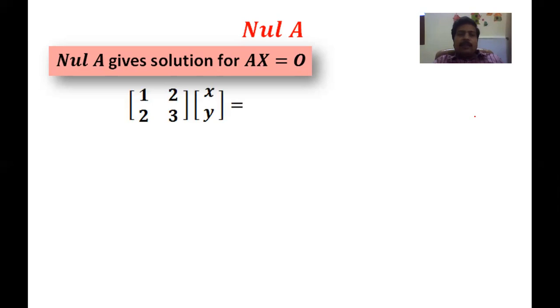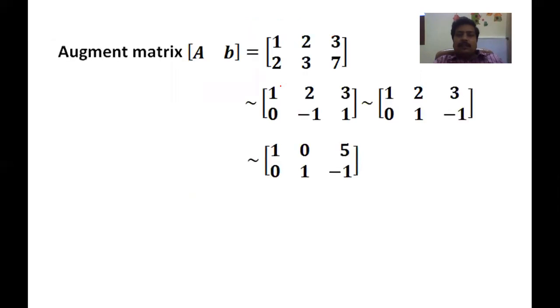For example, in the earlier example, instead of the RHS 3, 7 that we had taken there, we are now taking zeros.